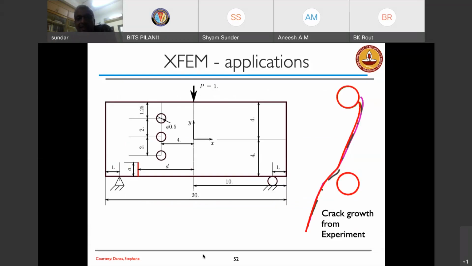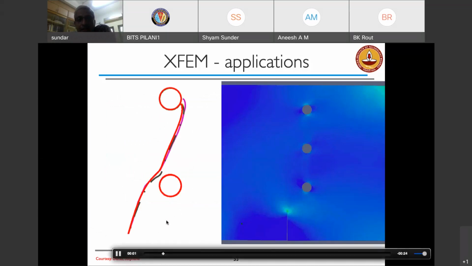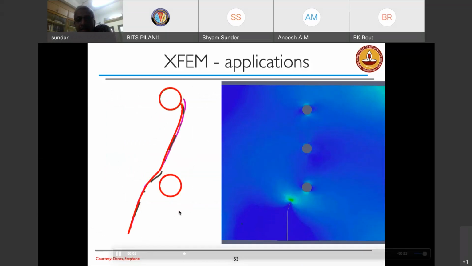So this is a classic problem where you have a 3-hole, 3-point bending problem. Depending on the location of the crack tip from the center line, the crack would go to the first hole or to the second hole. That's from the experiment. Again, I'll leave it for a minute. You'll see that we're able to capture the crack path quite accurately.